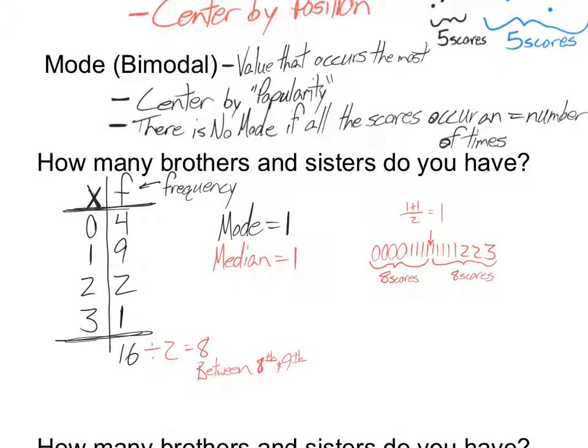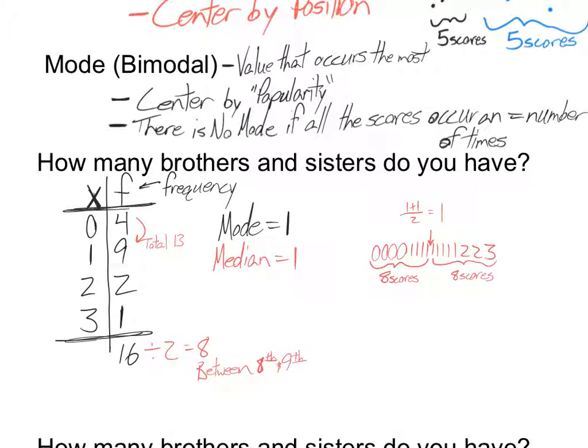So now, if you look at these, the first 4 are all zeros, and then the next 9 of them are all ones. So we have a total of 13 now, right? 13 people have either 0 or 1.